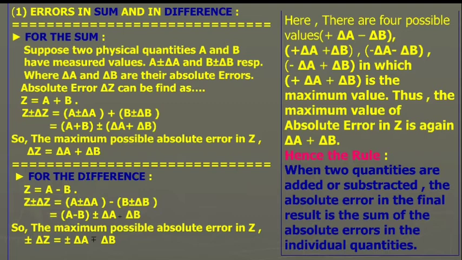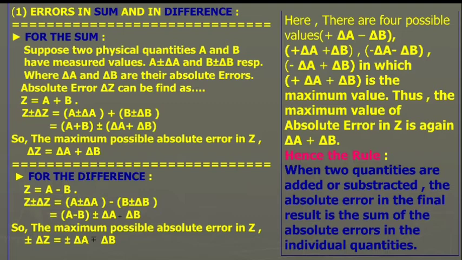Here there are four possible values: plus delta A minus delta B, plus delta A plus delta B, minus delta A minus delta B, minus delta A plus delta B, in which plus delta A plus delta B is the maximum value.